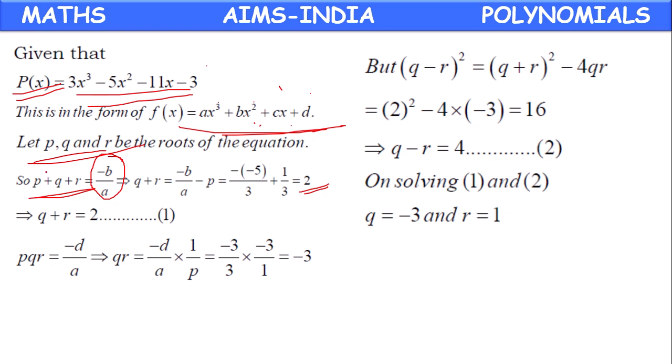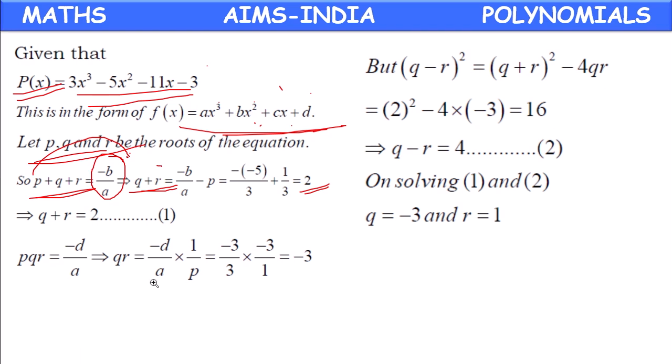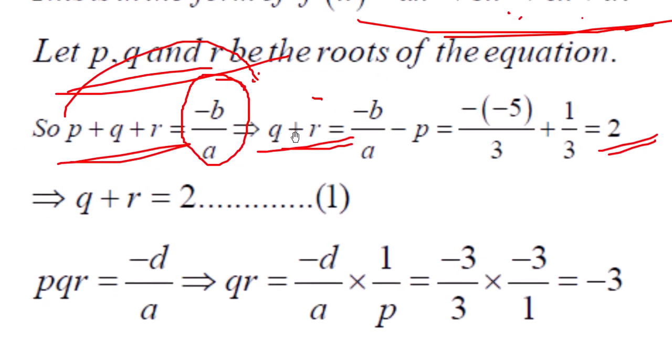Minus b by a, p plus q plus r. We can take p to this side, q plus r equal to minus b by a minus p.